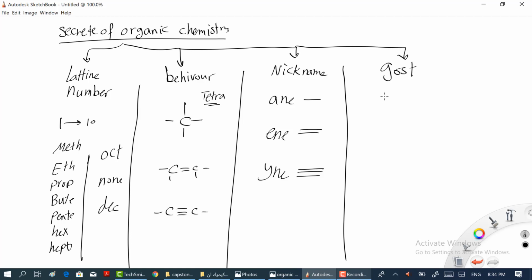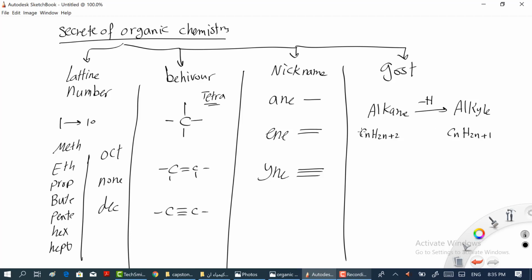It is the change of the alkane. When the alkane loses one hydrogen atom, it changes to a ghost, an alkyl. The general formula of the alkane is CnH2n+2. The general formula of the alkyl is CnH2n+1.